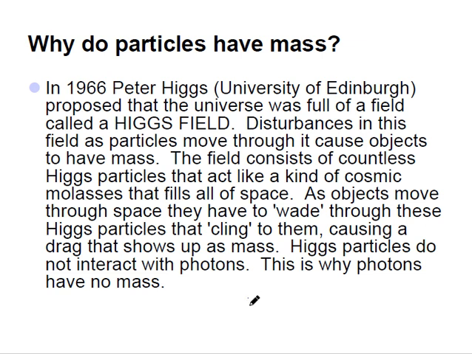So you have a Higgs field. I can draw it with a little line, just to make it easier. We're going to pretend that line is a Higgs field, filling, let's say, this space in the experiment. When the particle moves through that field, how they behave is they wade through.